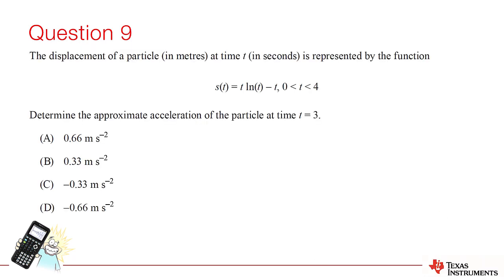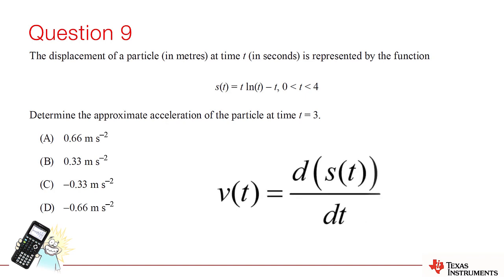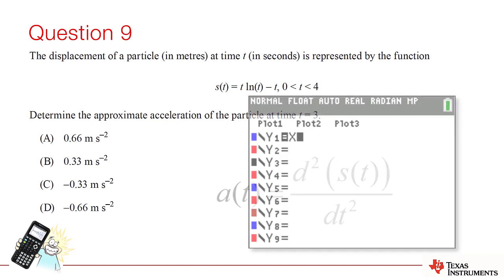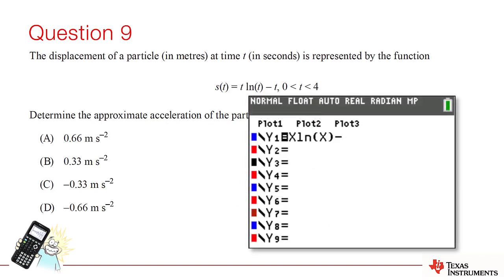Question 9. We are given an equation for displacement, and we need to know the acceleration when t equals 3. The derivative of displacement with respect to time yields velocity. The derivative of velocity with respect to time yields acceleration. So we need to calculate the second derivative of s of t when t equals 3.